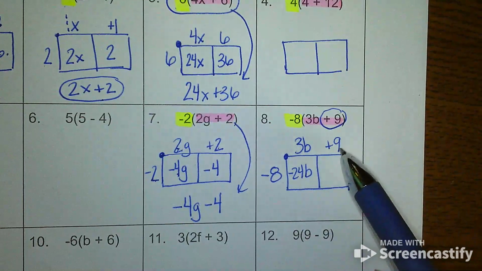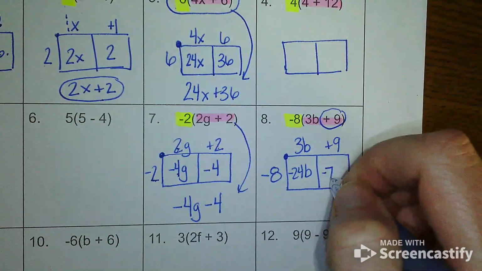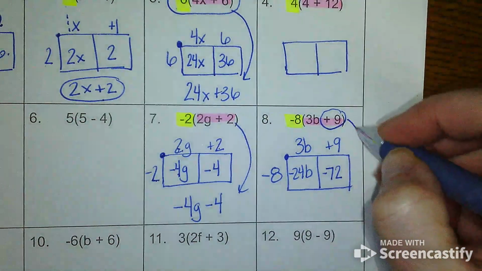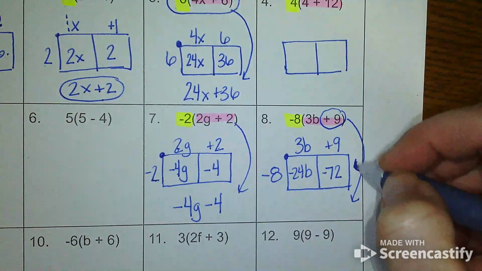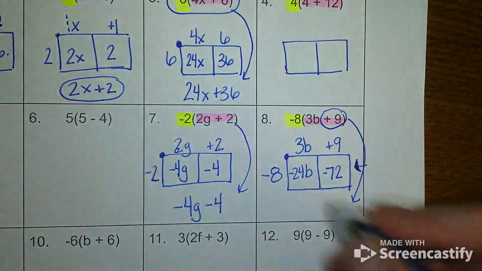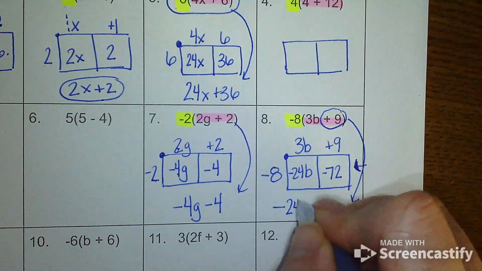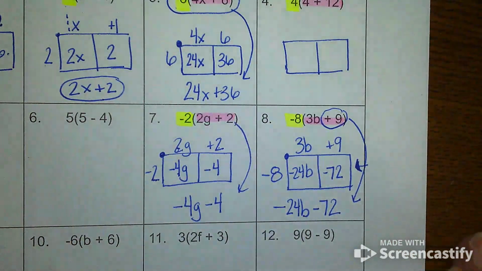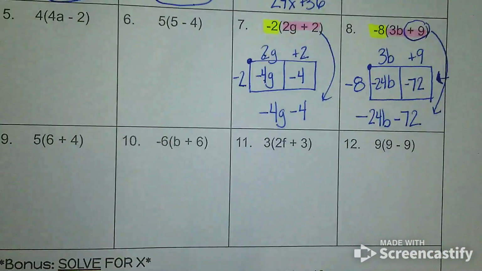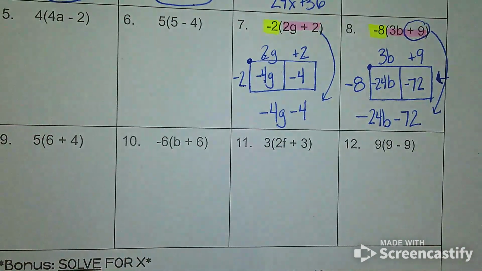And I have negative 8 times 9, which is a negative 72. So simplify this expression using the distributive property right here, sharing the negative 8 with both pieces. My answer would be negative 24b minus 72. Now I want you to pause the video and complete the next problems.